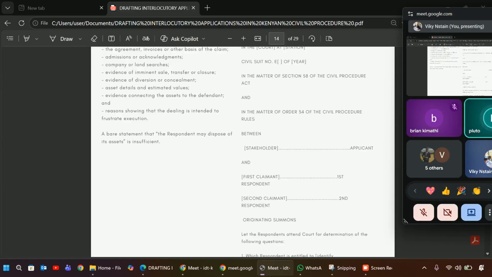Then you have the first respondent, Marlene. We have the plaintiff. Then it says originating summons: let Mwendwa Jose and Mwanaisha Boke appear in court for determination of the questions that the court issues the orders, that the court determine who amongst the two parties mentioned above is entitled to possession of the container. The court to determine who amongst the two parties shall be liable to indemnify the plaintiff the costs and charges of the importation of the said container.